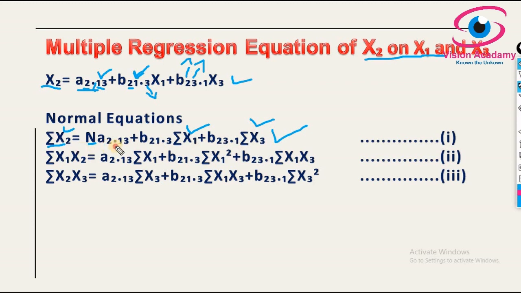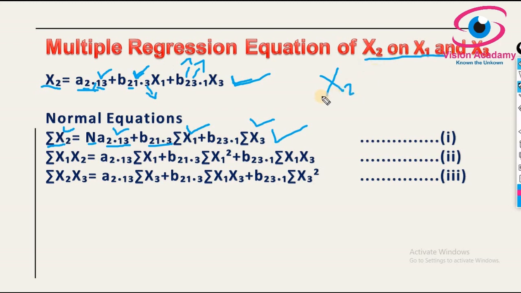Otherwise, these partial regression coefficients and multiple regression coefficient will be the same as we formulated in the case of the basic equation. And as I told you, we will also have three combinations in the case of summation x2 with x1 and x3.